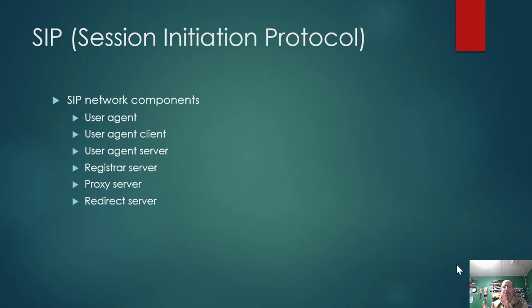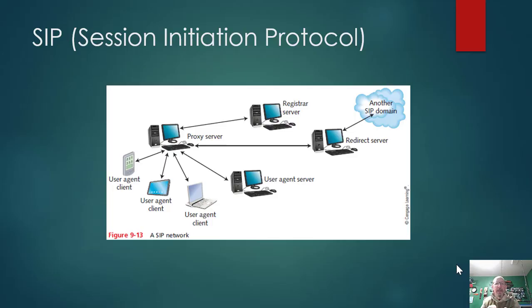The way it gets set up, we have to have a user agent, a client, a server, a registrar, and a proxy server, because the proxy server goes out and gets stuff for you, and then everything gets redirected. Each one plays an individual role. Looking at it this way, the user agent itself initiates the request, and the proxy server routes that request within the SIP domain.